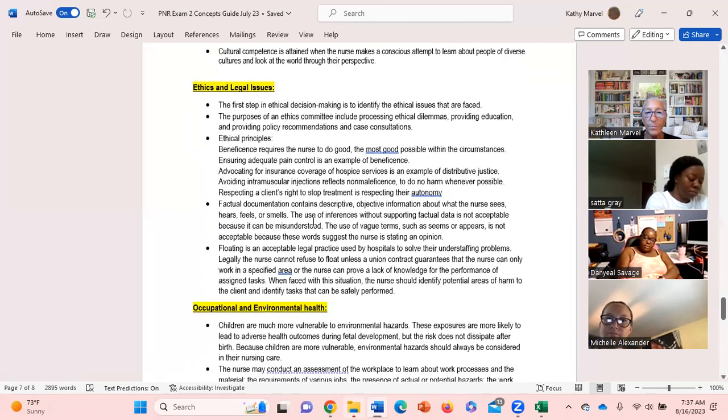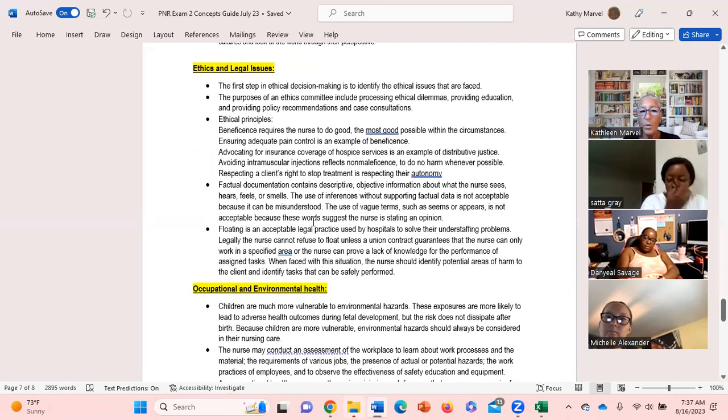We just talked about this in the hospice and palliative care section, respecting the client's right to stop treatment. That's respecting their autonomy. That's an ethical principle, autonomy. Having them participate in their decisions.